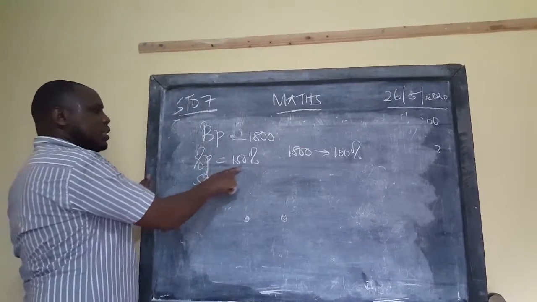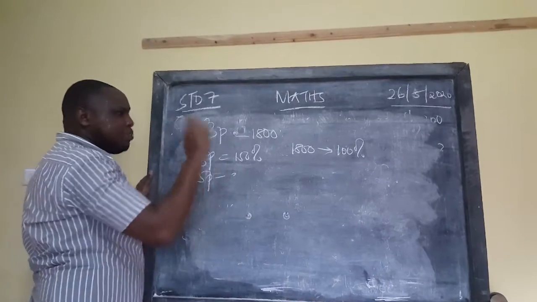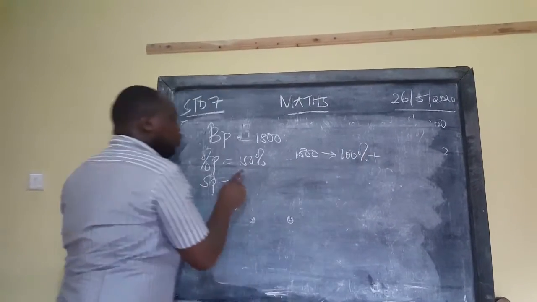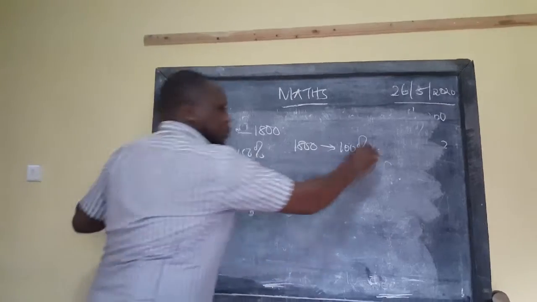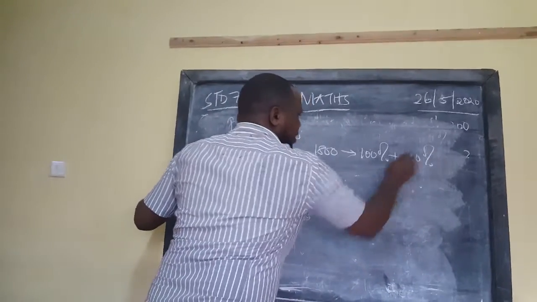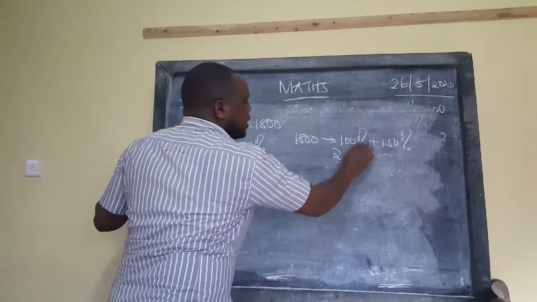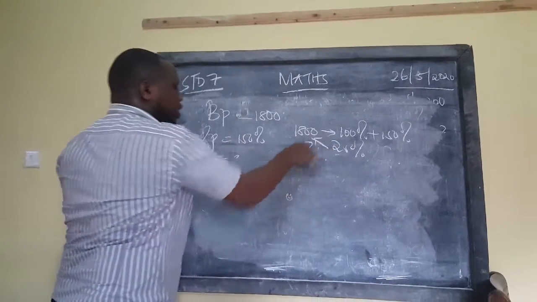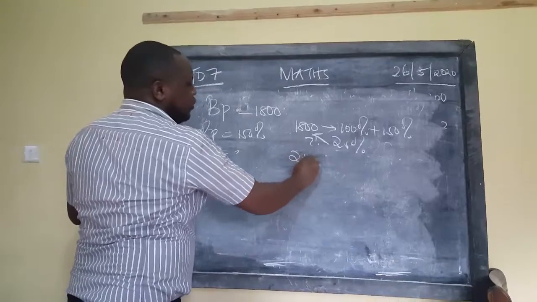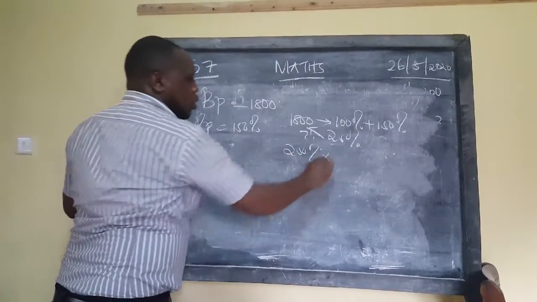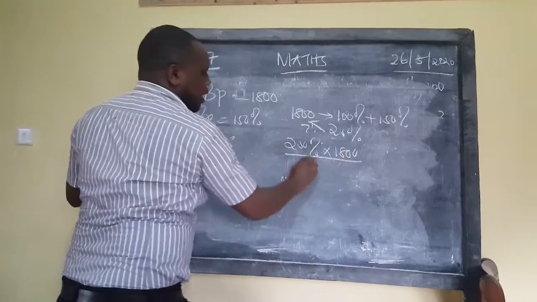Then he sold this at a profit. Profit means that you are going to add a profit of 150%. You add here 150%, so the selling price was 250% of what he bought the item with. So 250% times 1,800 over 100%.